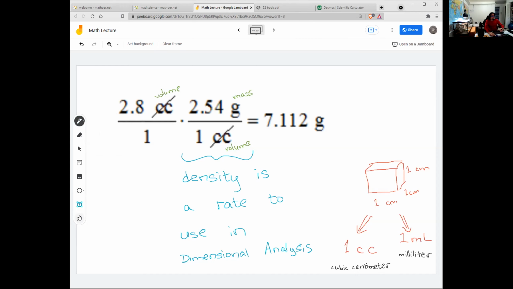And I have no idea why people that are going to nursing or motorcycles use cubic centimeters and people that go into chemistry labs use milliliters. But they're the same thing. It's just 2 different words for a little box.